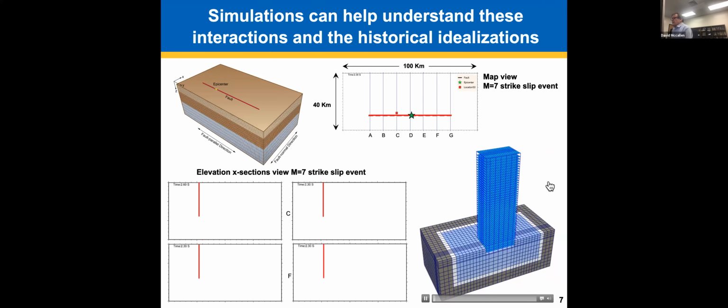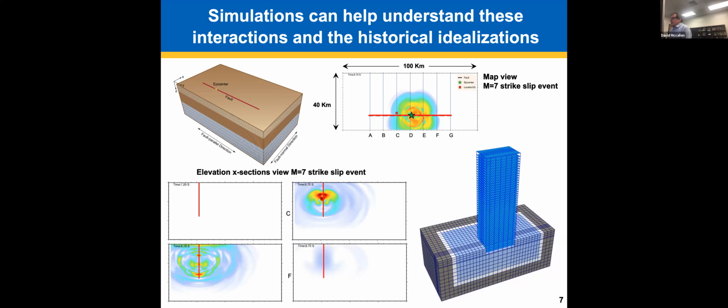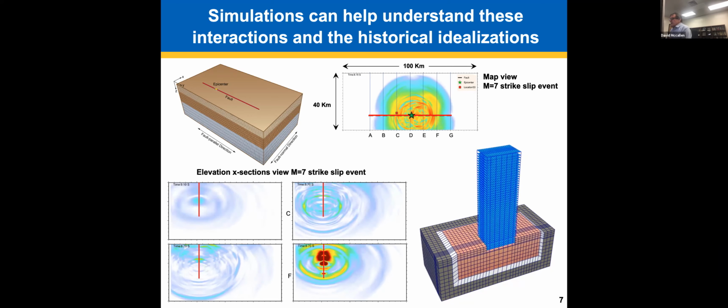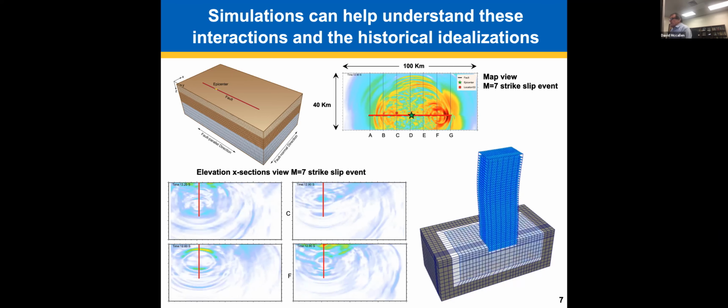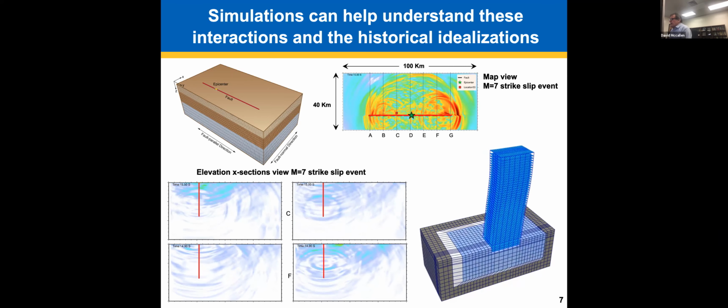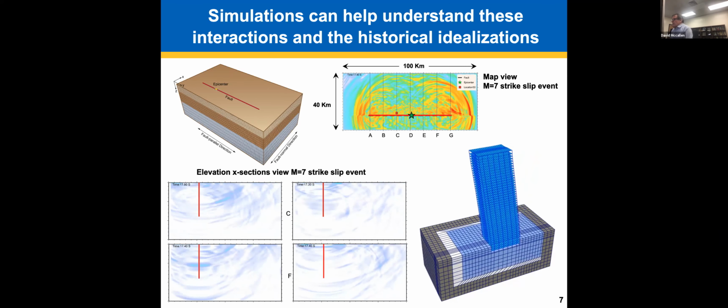So just to drive that point home with a little bit higher fidelity, this is an example of a simulation of a magnitude 7 strike slip earthquake, where our building and soil structure model are fully coupled to the geophysics model through the domain reduction method developed by Bielak.